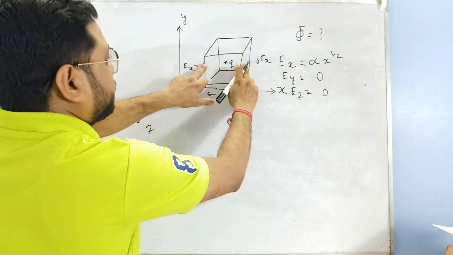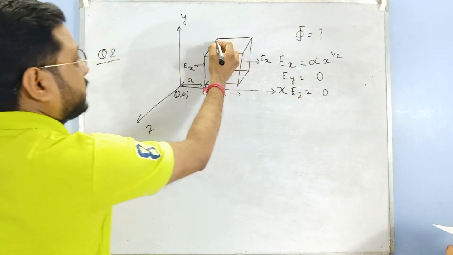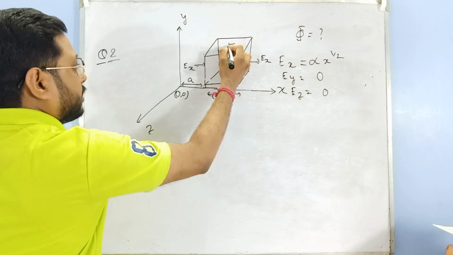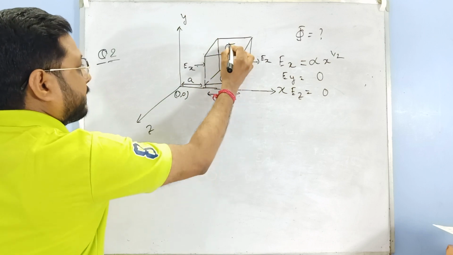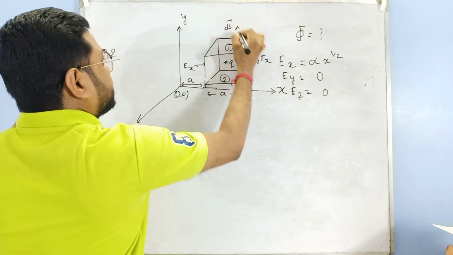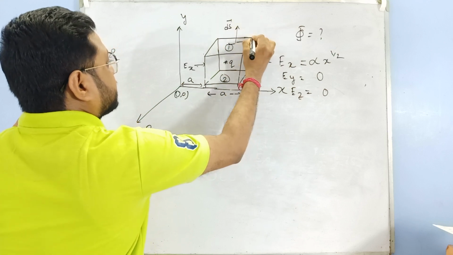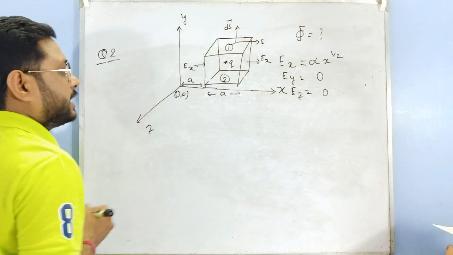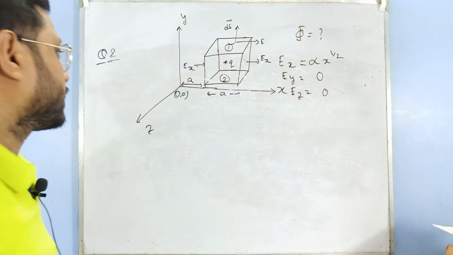So except these two surfaces, if we take surface number 1 and 2, that is the upper surface and lower surface, the area vector is along this direction and the electric field along this direction. For both the upper and lower surface, the electric flux is 0.